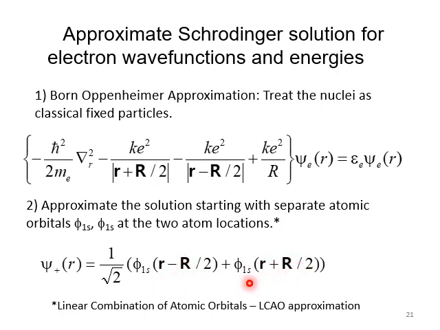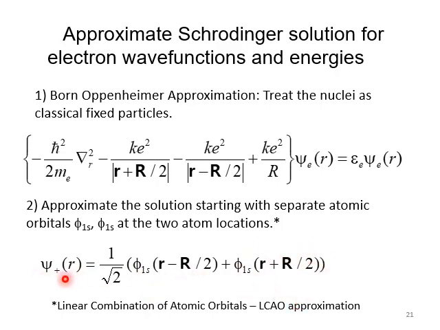So we haven't solved anything here. All that we've done is to say, I think maybe my final wave function is going to look sort of like the wave function of the electron on one atom plus the wave function of the electron on the other atom.